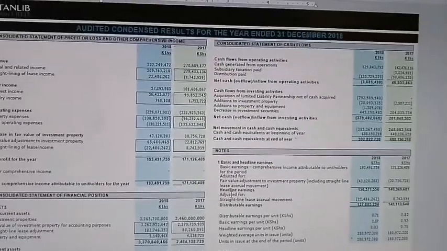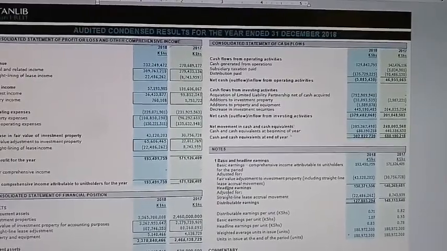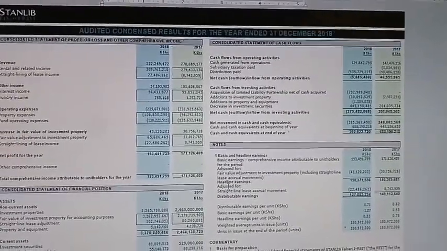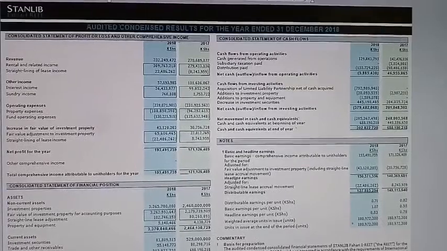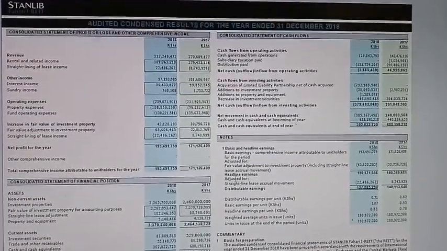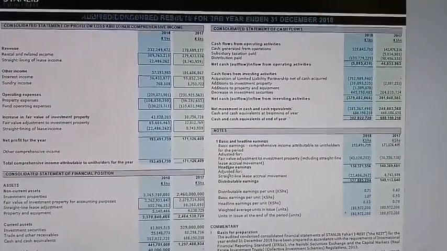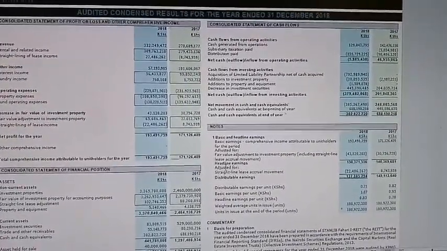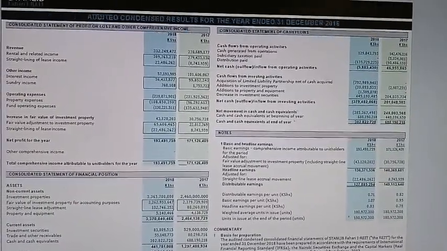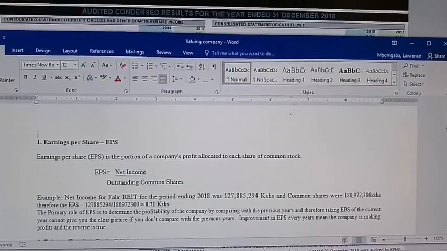ratio is getting the market price per share, which was, by the time I was recording, 7.7, as I told you, and also the book value per share, which is 20.58. So when you divide 7.7 by 20.58, it will give you 0.37.